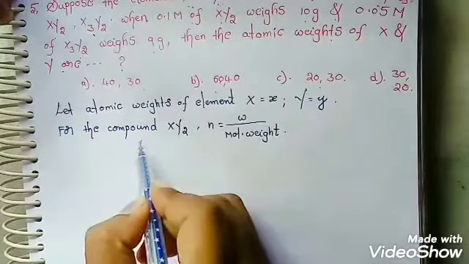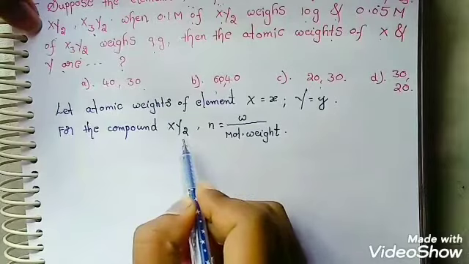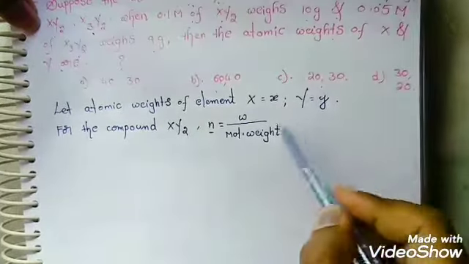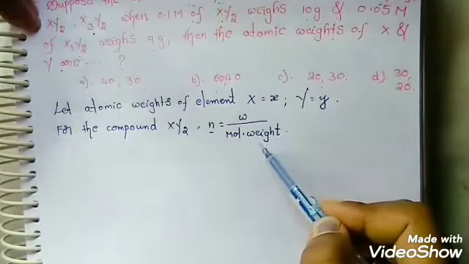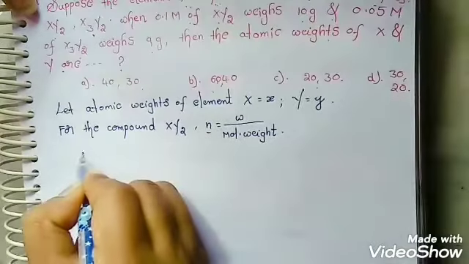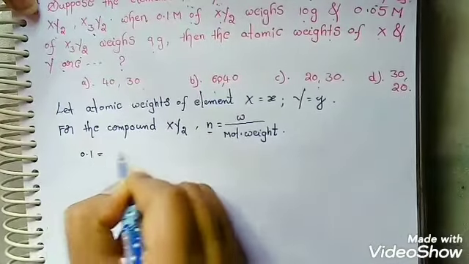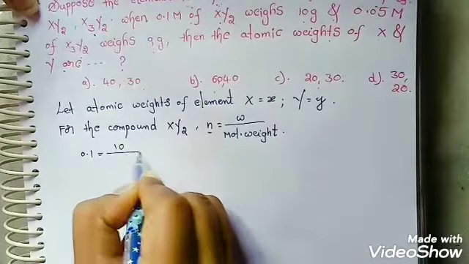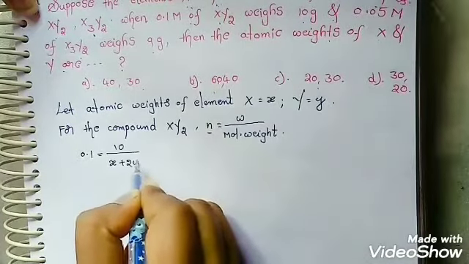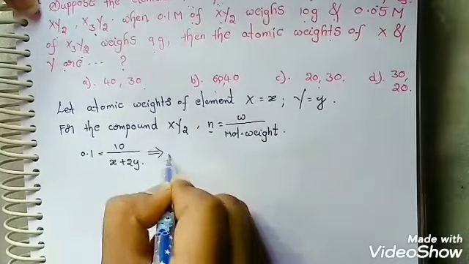Then for the first compound XY2, the number of moles you have to find out by using weight by molecular weight. Let us see. Here they have given 0.1 moles is equal to weight 10 grams over the molecular weight, which is x plus 2y.